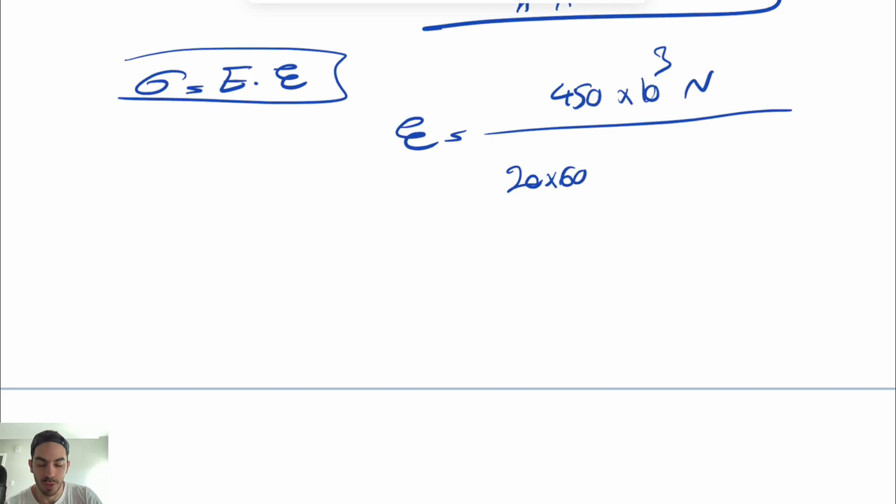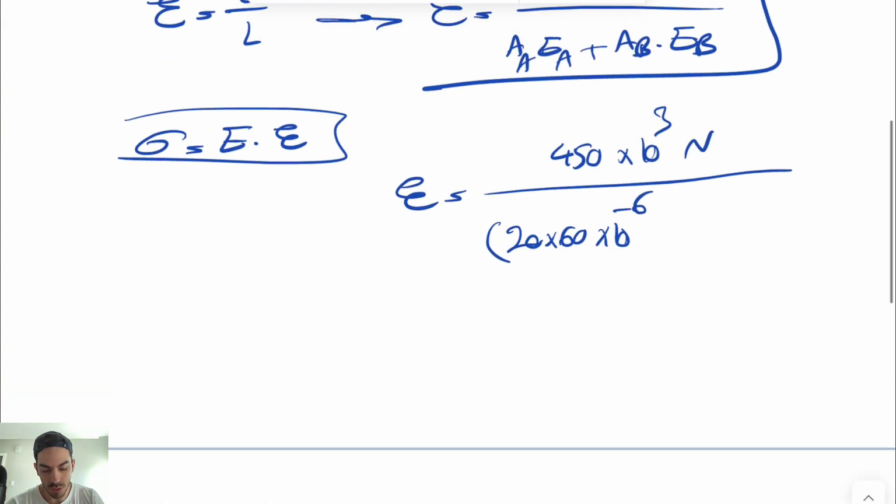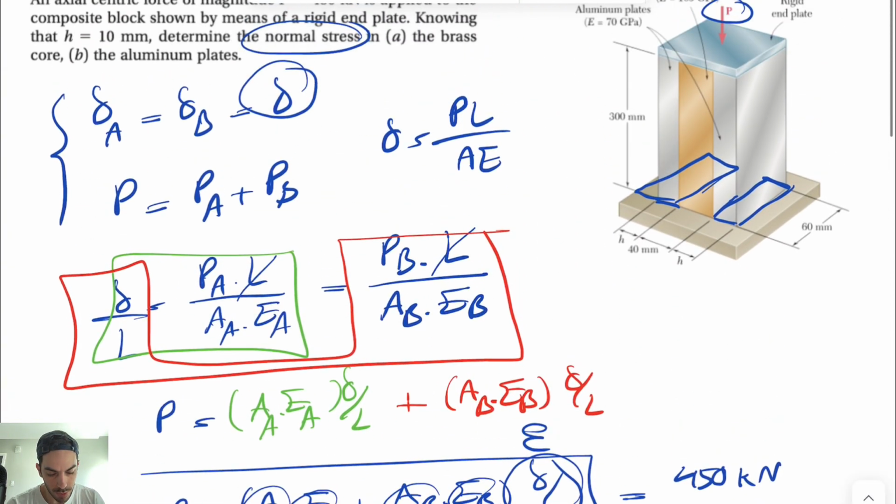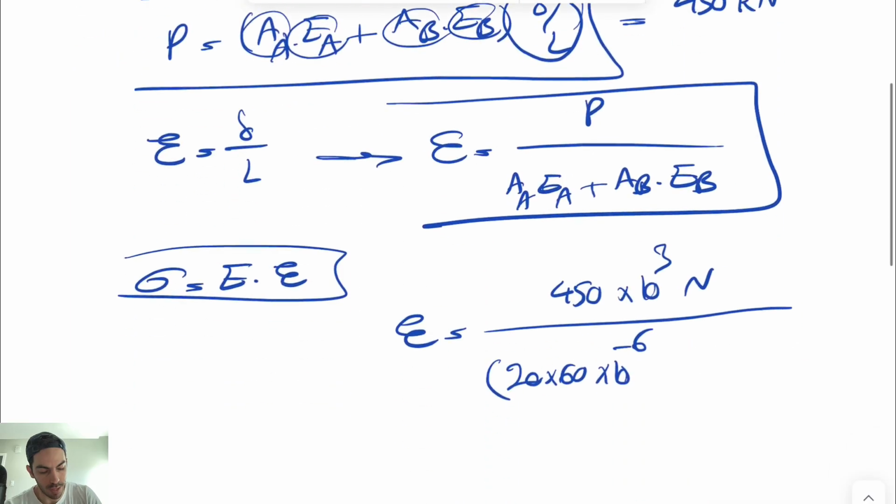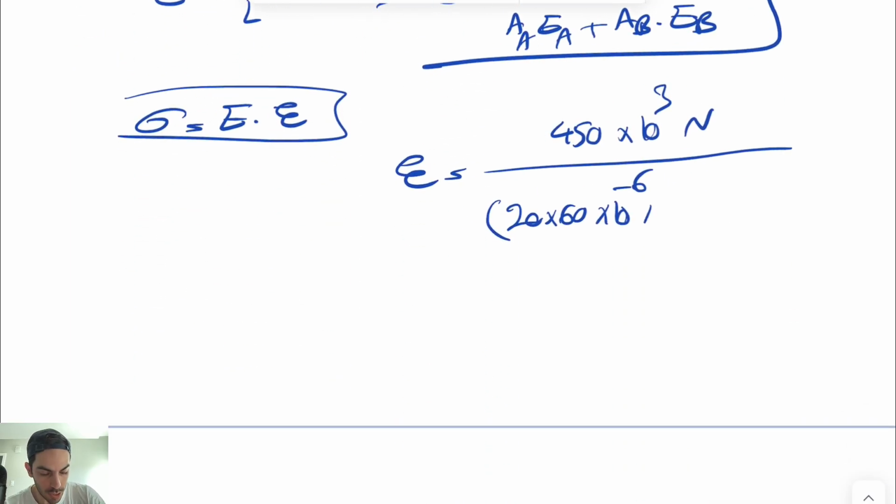Since we have a millimeter unit, we're going to do 10 to the minus 6 to get rid of that. And the elastic modulus for the aluminum, we have it in the question, 70 gigapascal. So times 70 times 10 to the 9. That would be what we have for aluminum.